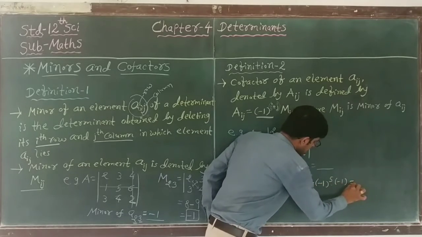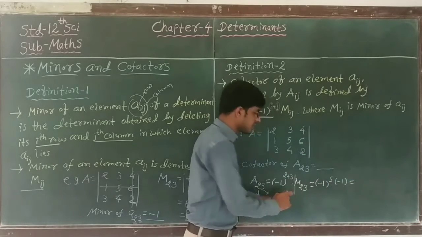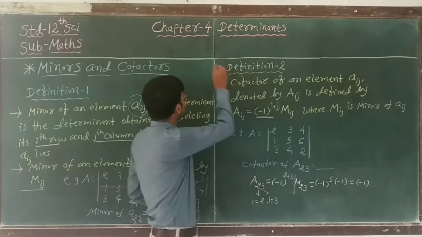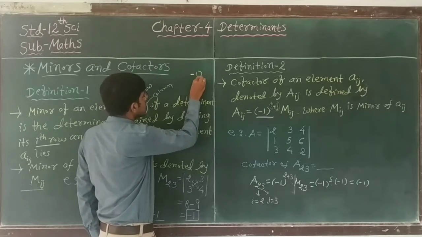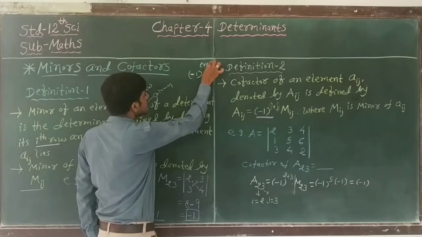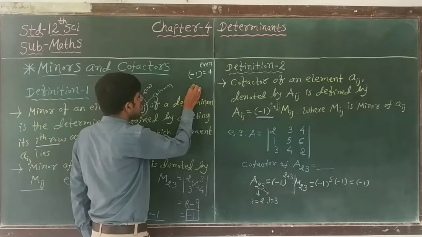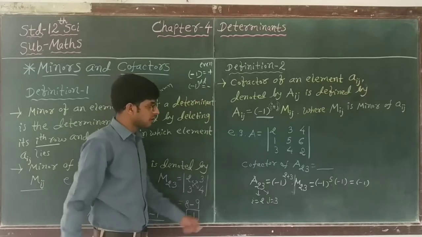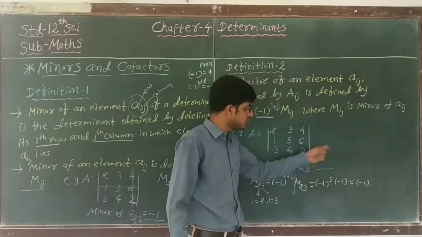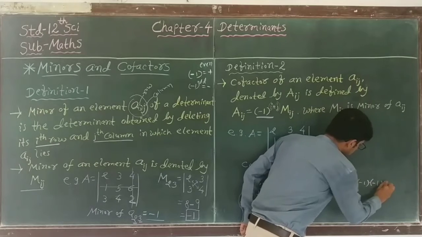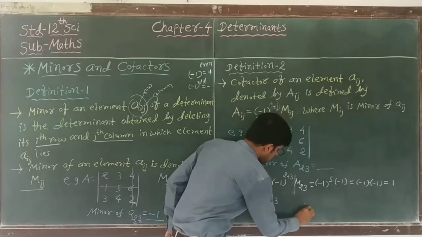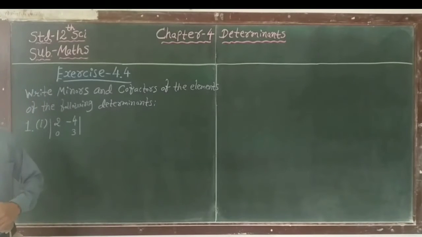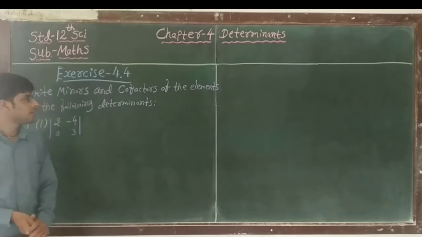Negative one raised to an even number gives plus, and minus 1 raised to an odd power gives minus. Here minus 1 raised to 5 is an odd power, so it gives minus 1. Minus 1 into minus 1, the answer is 1. Therefore A23 gives 1.